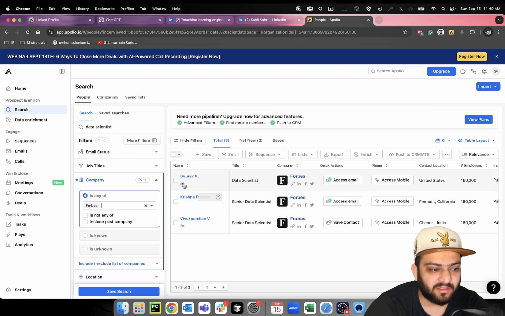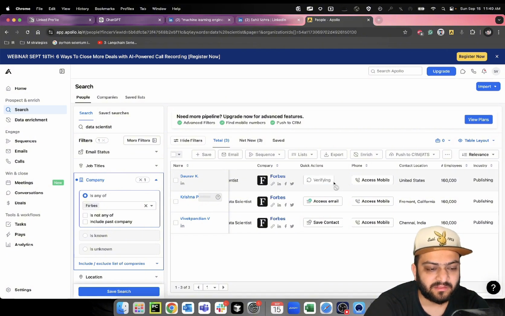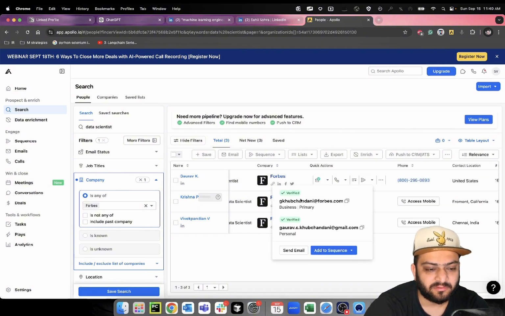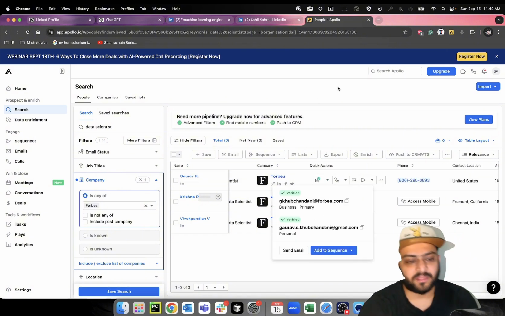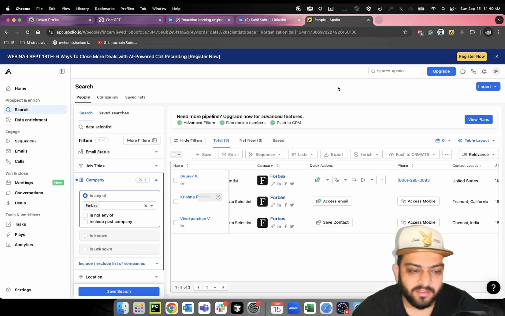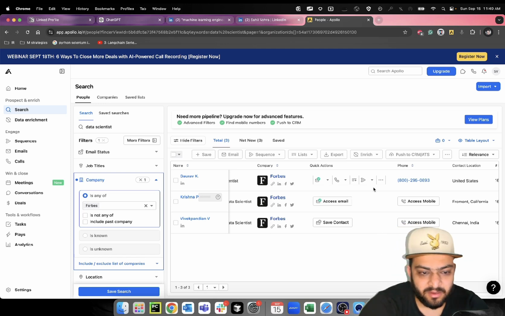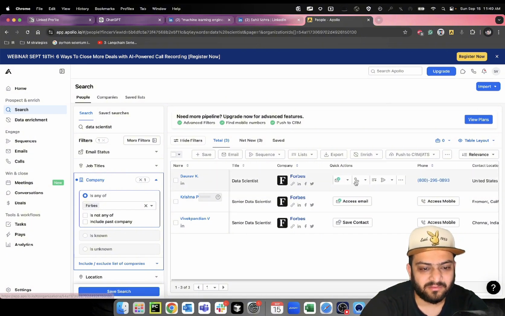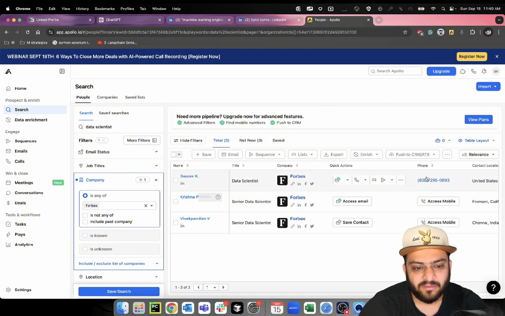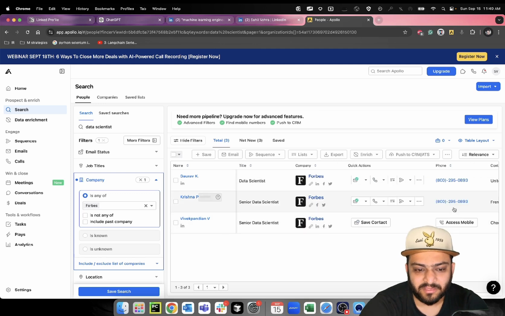So you could see that it would give you the LinkedIn profile, it would give you these things, and you can access their email, which is a big deal, because that way you can even send them a message if you want to. A lot of the time, although they claim that a phone number belongs to the person, these phone numbers are of the company that they're working at.